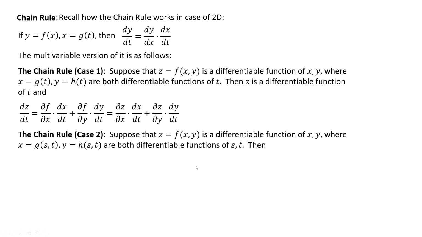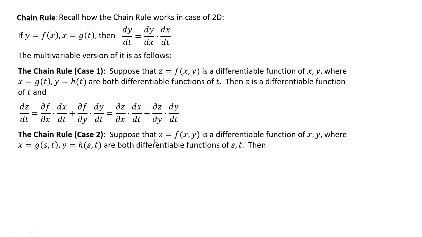But then, can we talk about the derivative of z with respect to s? Yes, we can. Okay. Is that an ordinary derivative dz/ds, or is it a partial derivative, partial z with respect to s? Well, if we use x as a function of s and t and y as a function of s and t, it turns out z in turn would be a function of s and t.